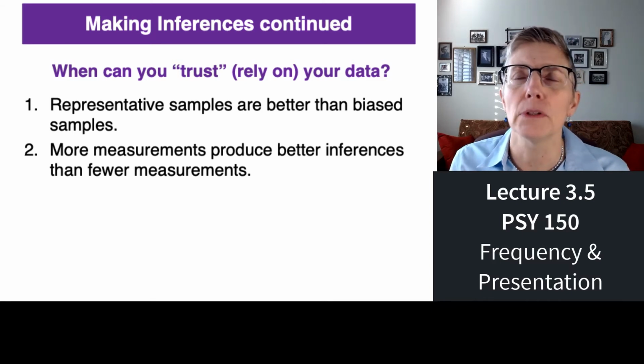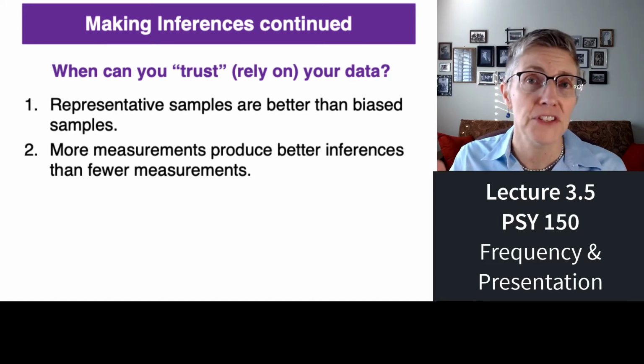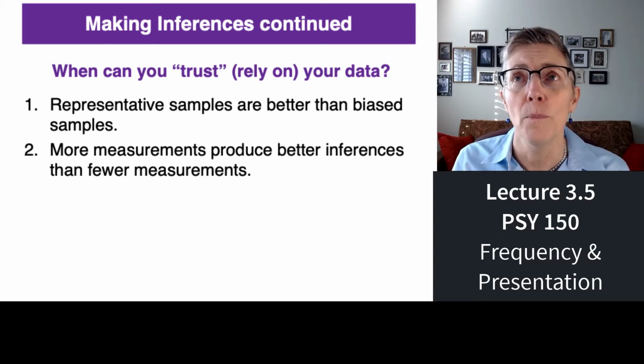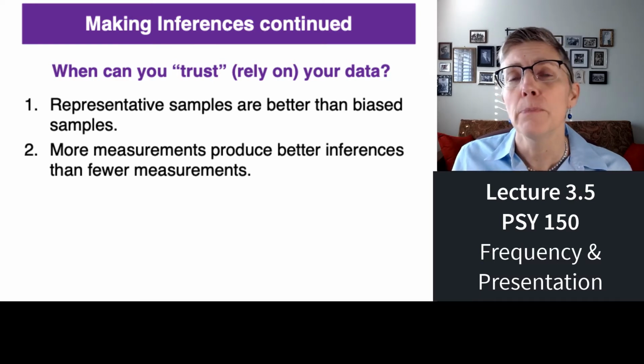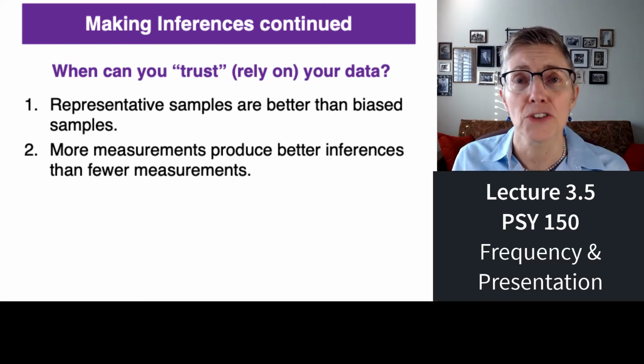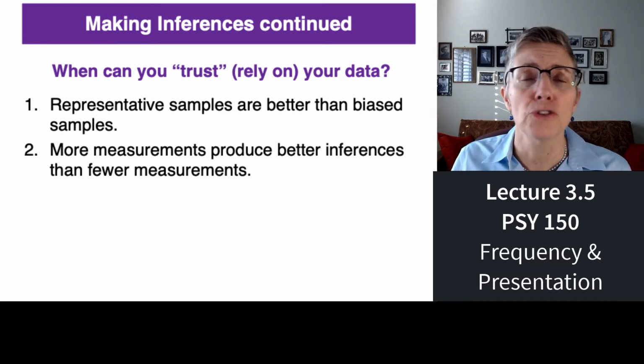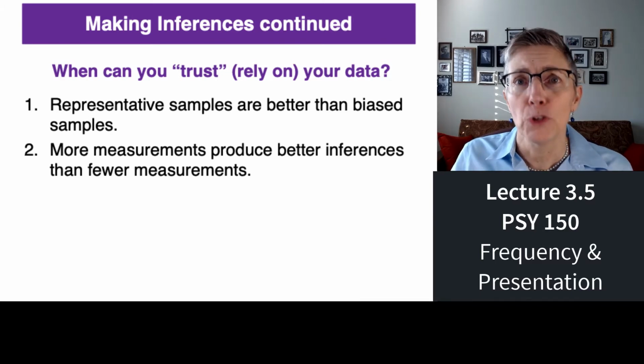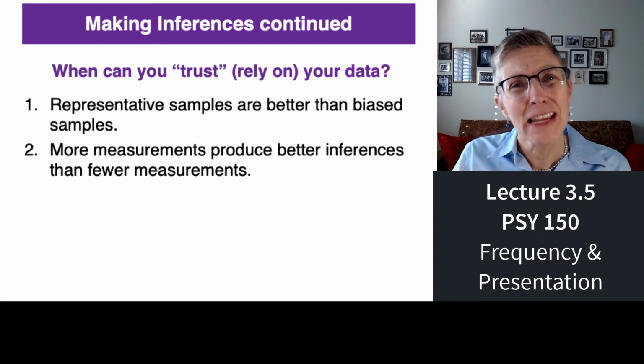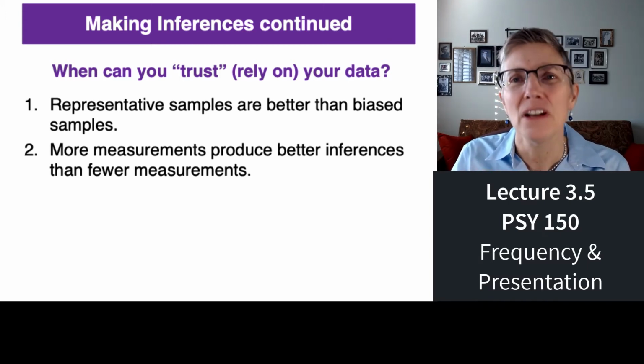So, for example, several lectures ago, I used the example of, say, you want to find out how often people in the U.S. text on their cell phone, and so you go to the nursing home next door and do your studies there. Your conclusions could be beautiful. However, your sample wasn't representative. It was an unusual sample.